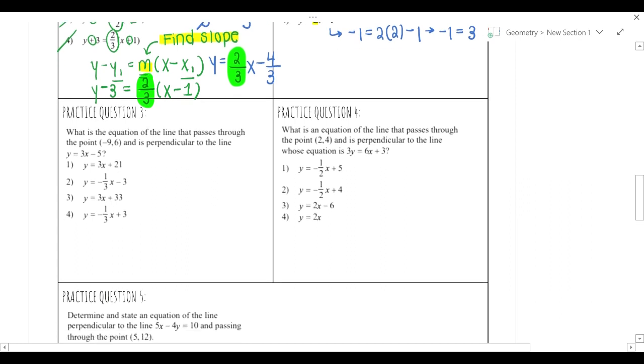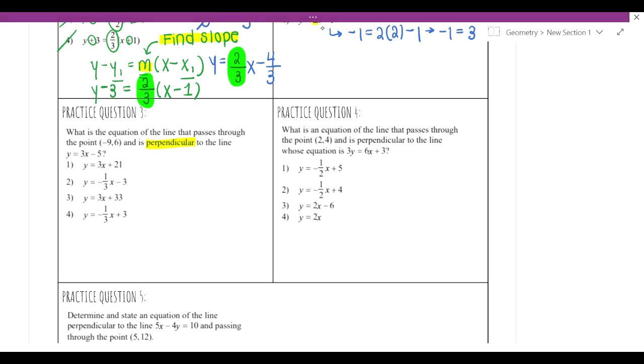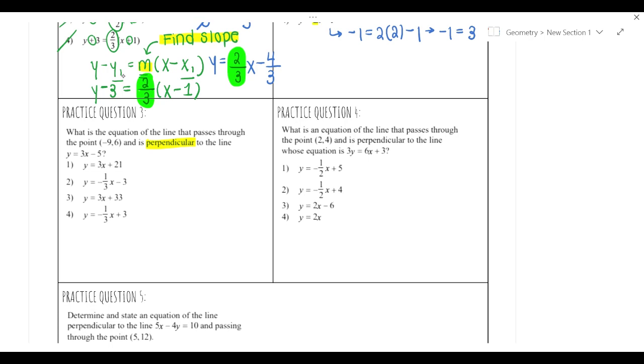Okay, practice question number 3. What is the equation of the line that passes through the point (-9, 6) and is perpendicular to the line y = 3x - 5? So here I am looking at perpendicular lines. So I need to look at the 3 and find the opposite reciprocal slope.